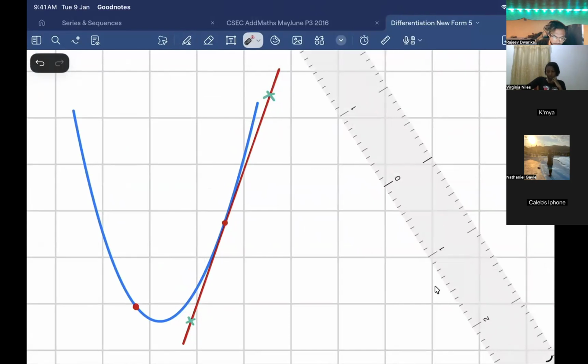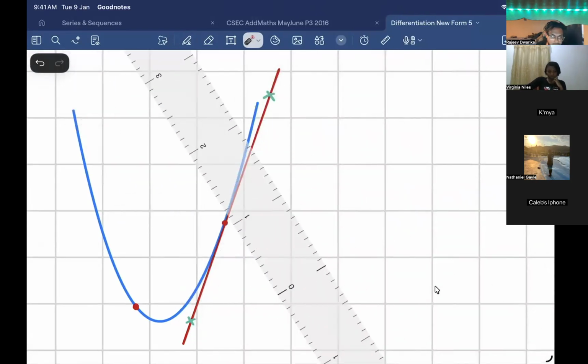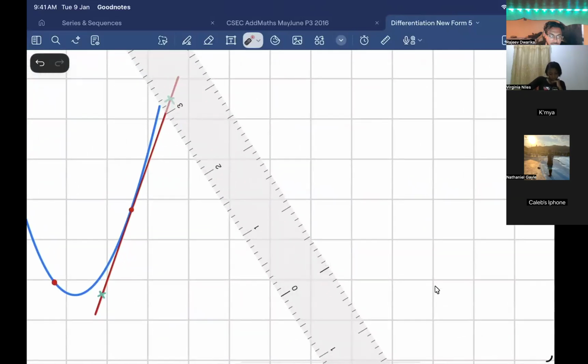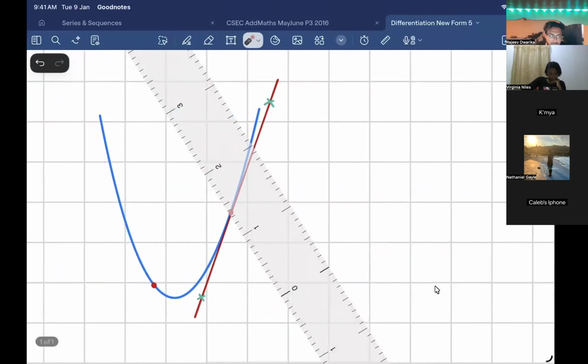Okay, I understand the method, but I don't understand how that's doing anything, how it's working. What do you mean, the logistics behind it, how the tangent comes about?